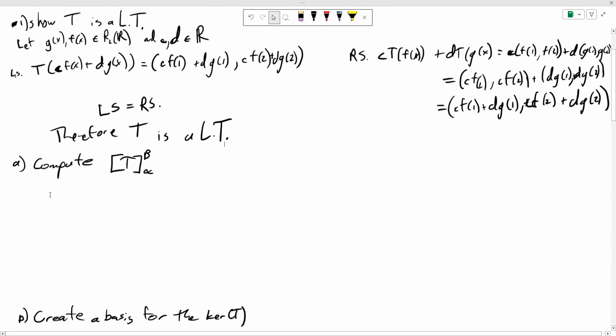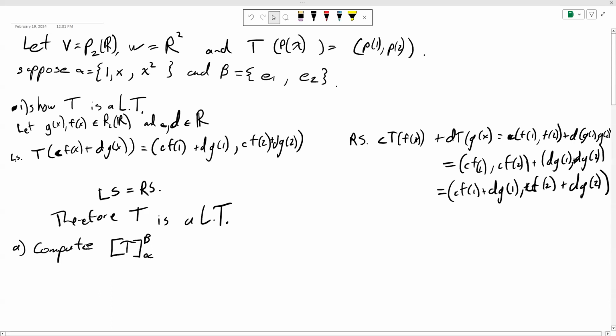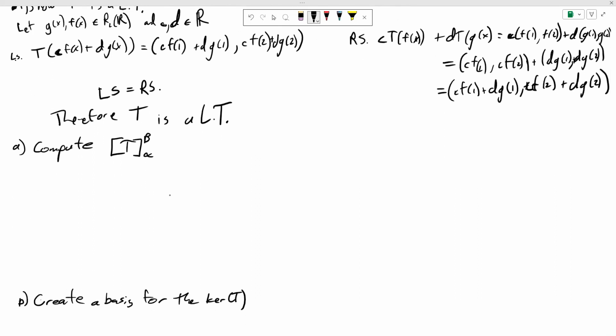Next thing we're going to do is compute the matrix representation of T using bases alpha and beta. So first we're going to compute what T does to 1, to x, and to x squared. T of 1 is (p(1), p(2)), which is (1, 1), and this equals 1e1 plus 1e2.